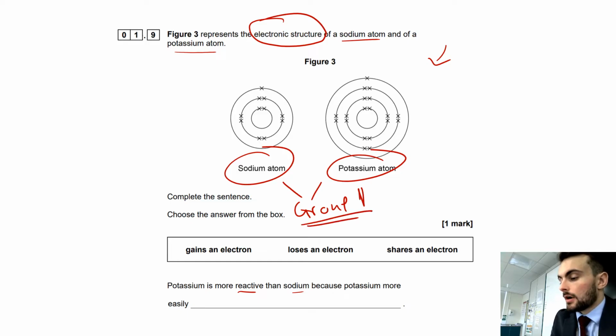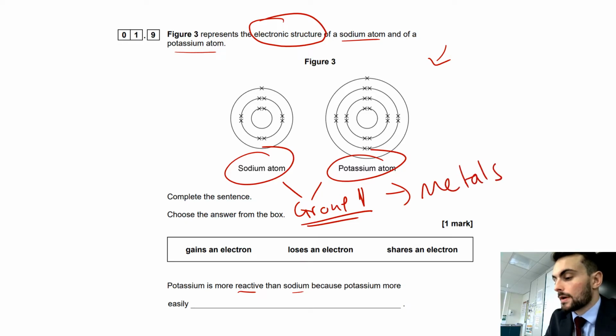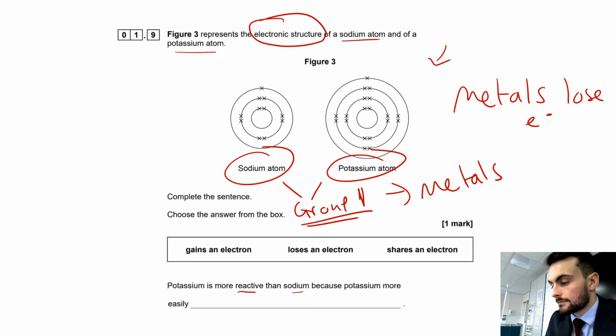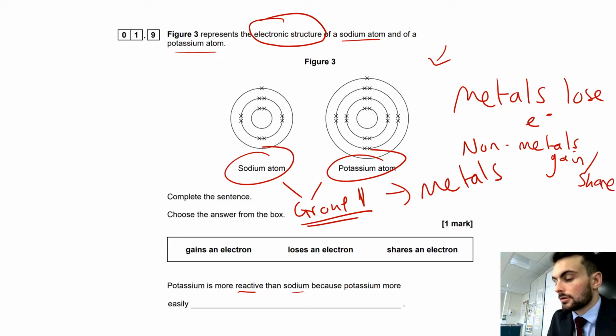Okay? And are they metals or non-metals? They are metals, right? We know that no matter what, metals lose electrons, okay? And we also know that non-metals gain. The non-metals can either gain or share. And luckily we already know that these two elements are metals.